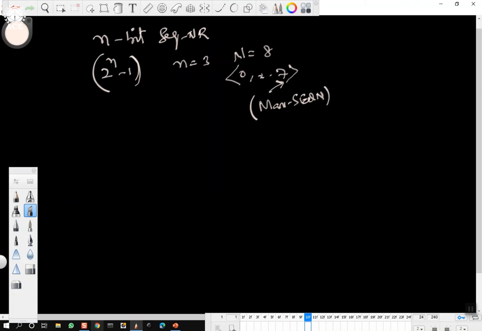So the sender window can be 8. The receiver window can also be 8. So this fellow will need 8 buffers, and this fellow will also need 8 buffers.